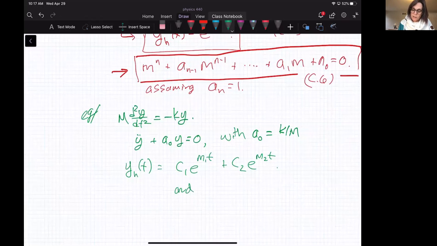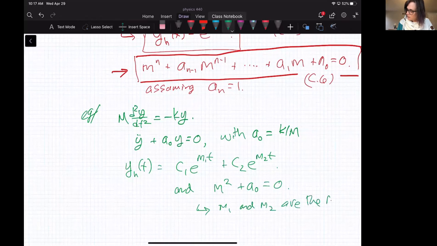And our root equation is m squared plus a naught is equal to 0. That means that m1 and m2 are the roots of m squared plus a naught is equal to 0.